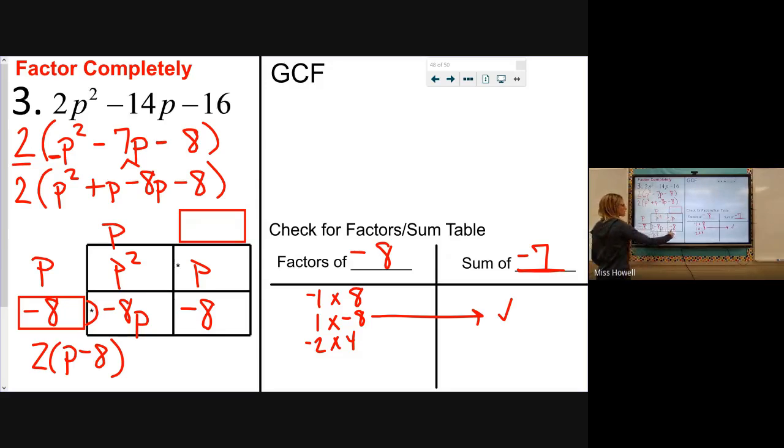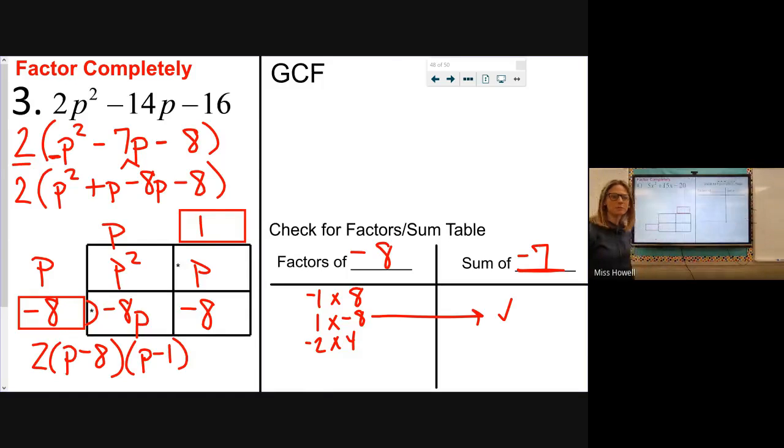And then this way, 1p and negative 8, the only thing they have in common is a 1. So p minus 1. In this case, we have 3 factors: one that is a 2, one that is a p minus 8, and one that is a p minus 1. You need all three factors down there.